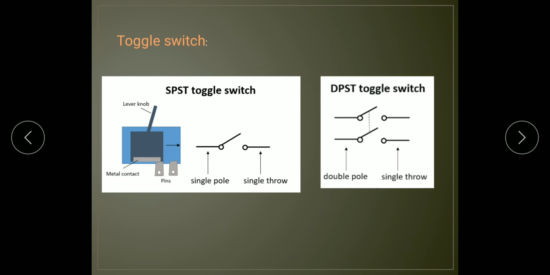A switch with both types of contact is called a changeover switch. Make before break switch contacts, whereas switches having a spring loaded action are break before make contacts. Some of the toggle switches are SPST and DPST toggle switches.